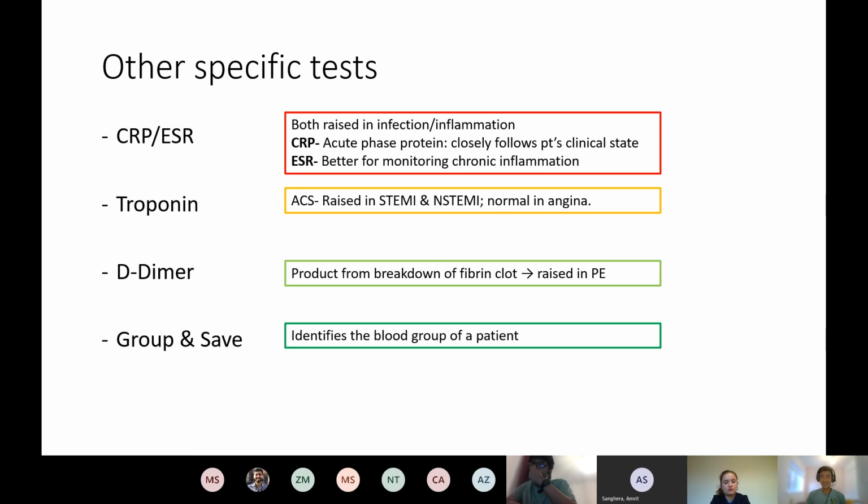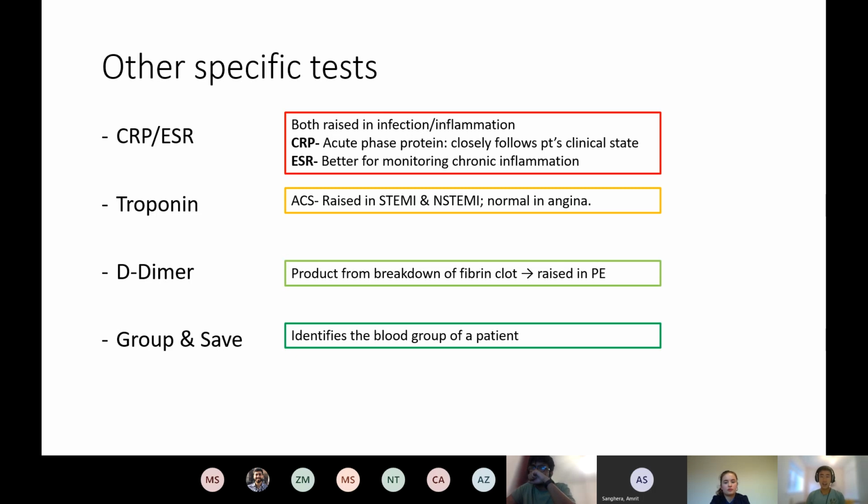Troponin, can anyone tell? Very well done. Good guess. Does anyone know what troponin is used for? Heart attacks, really good. So specifically, it's useful in acute coronary syndrome.